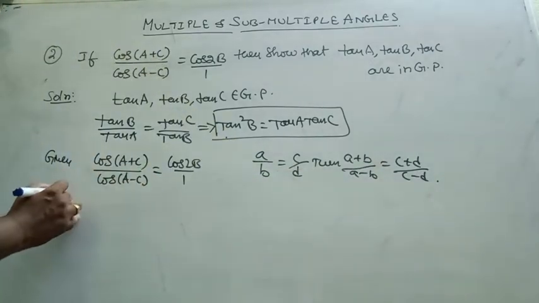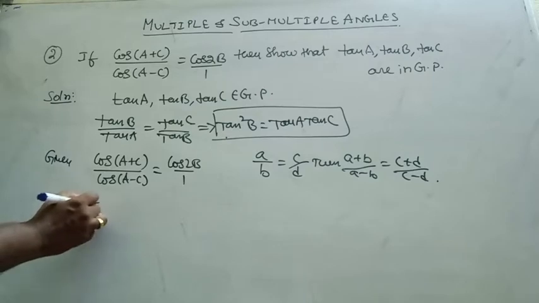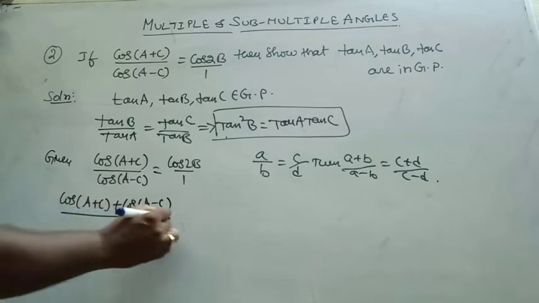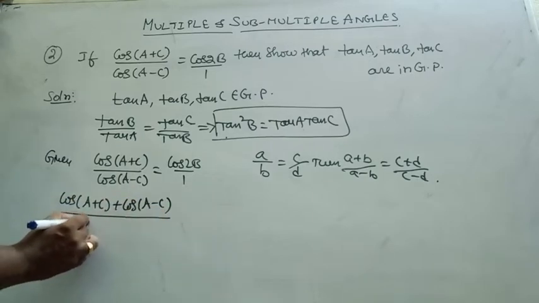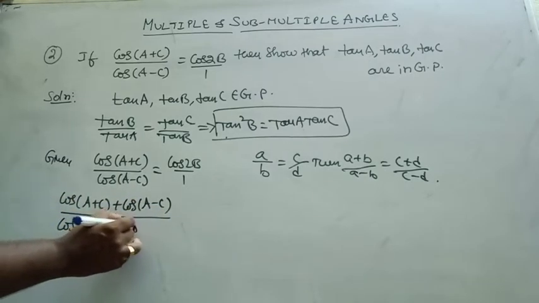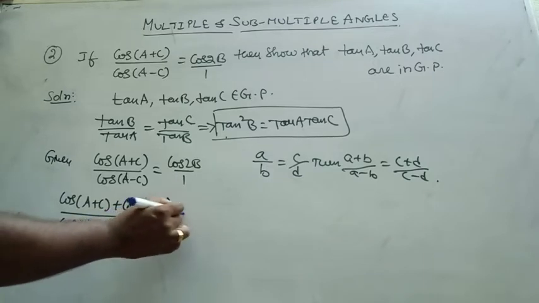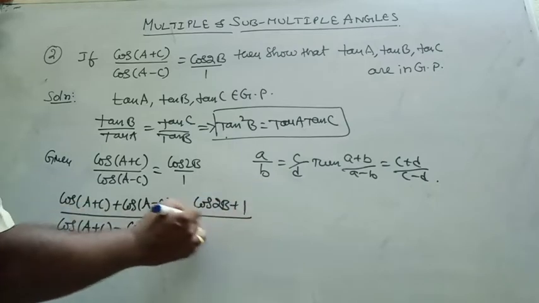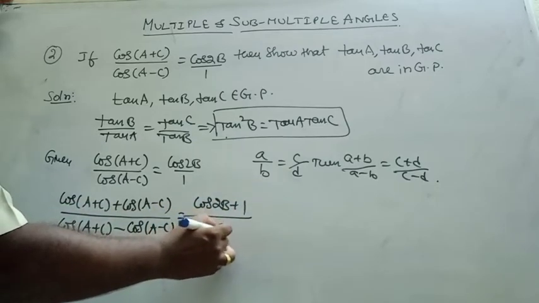What we are going to get, my dear students, is cos of (a plus c) plus cos of (a minus c), divided by cos of (a plus c) minus cos of (a minus c), equal to (cos 2b plus 1) by (cos 2b minus 1).